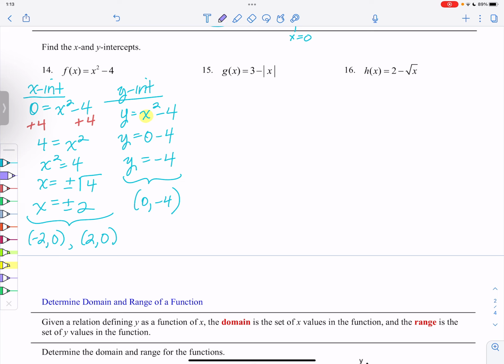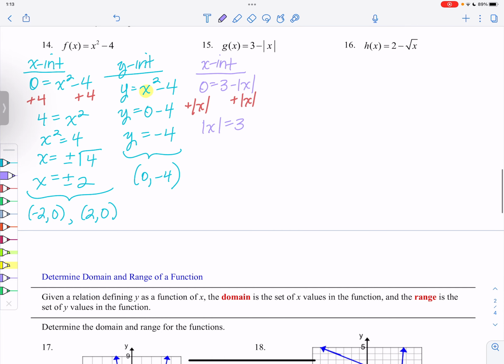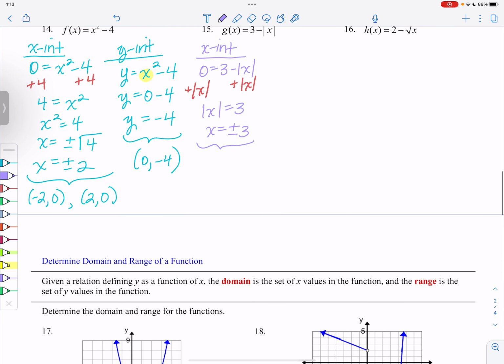Let's give this next one a try. For our x-intercepts, we're going to let y be 0. And I'm going to add the absolute value of x to both sides. So I'll have the absolute value of x is equal to 3. And so we have x is equal to plus or minus 3. That generates 2 points.